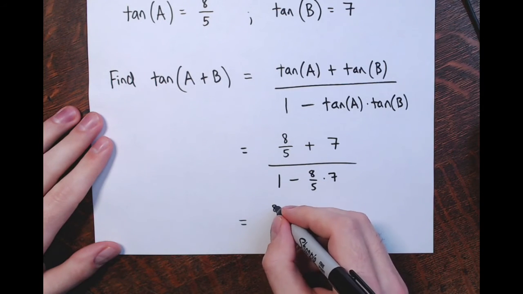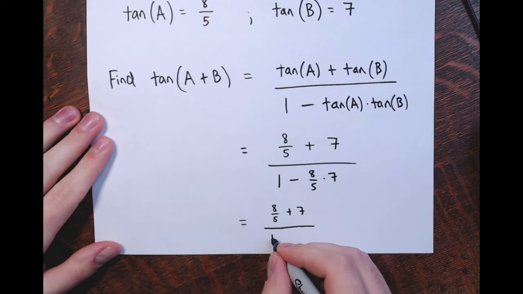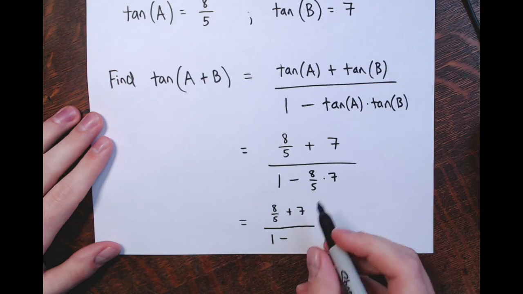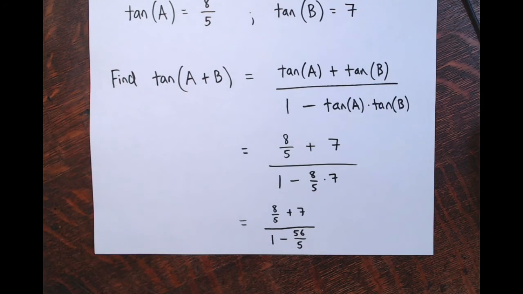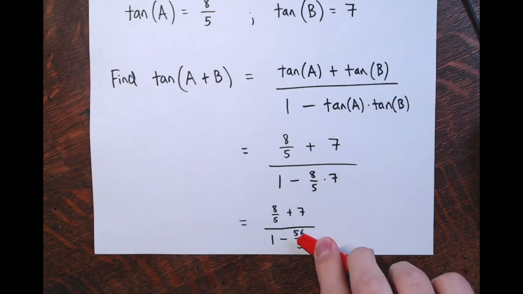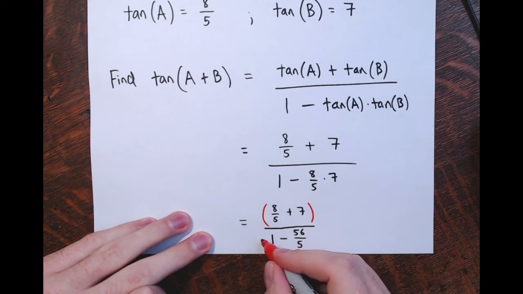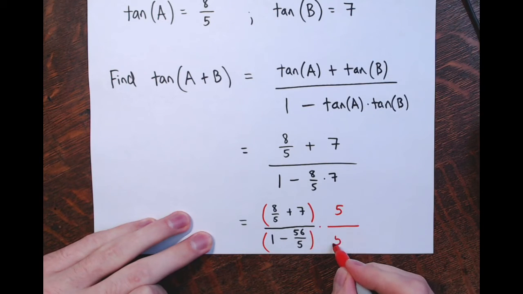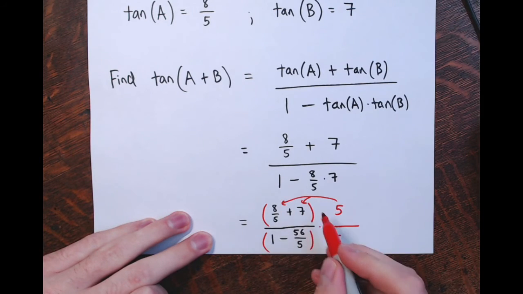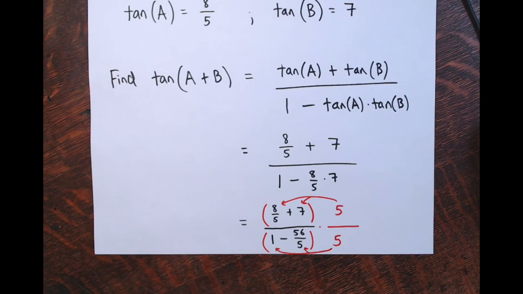So I have 8/5 plus 7 in the numerator, divided by 1 minus 56/5 in the denominator. I'd like to get rid of these little denominators of 5, so I'm going to multiply the numerator and the denominator by 5. We'll distribute the 5 in the numerator and the denominator, and that'll get rid of those denominators of 5.